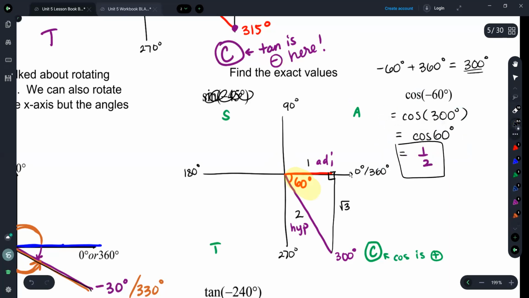Perfect, final answer. You can type into your calculator cos of -60 and it should give you out positive 0.5. You can type in cos of 300, and it will give you out positive 0.5. And you can take cos of 60 and it will give you out positive 0.5. You can check all three of those things. They're all equivalent.